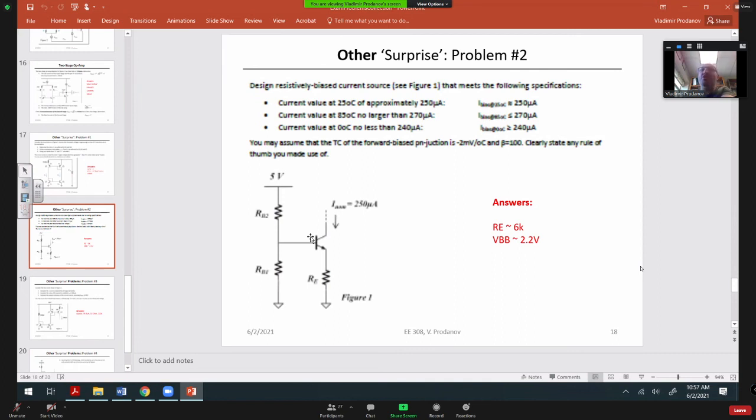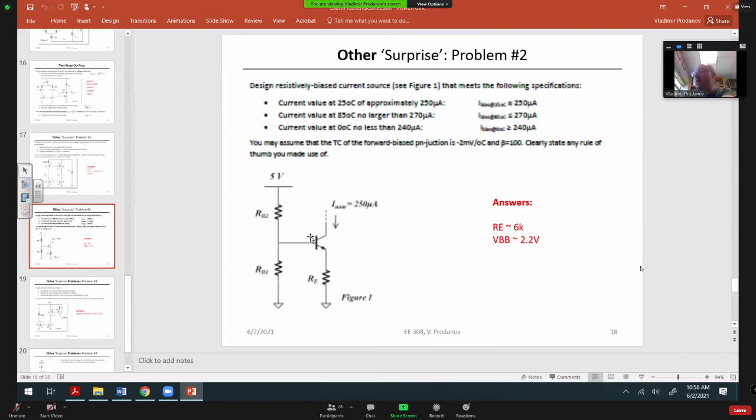Who asked the question? Who will do some work for me here? Who asked for this question? Jeffrey. All right, so if the nominal VBE is 0.7 volt, and you increase the temperature by 60 degrees C, for every degree C, the VBE shrinks by 2 millivolts.